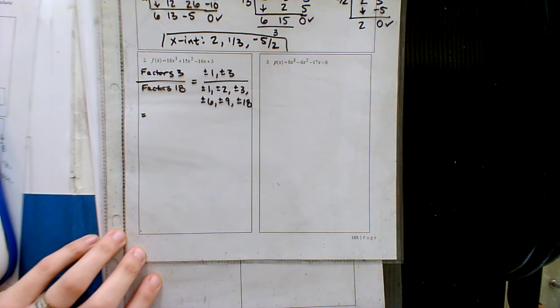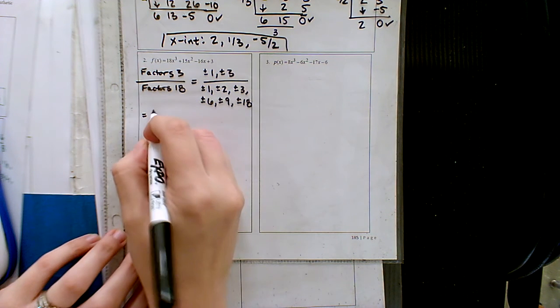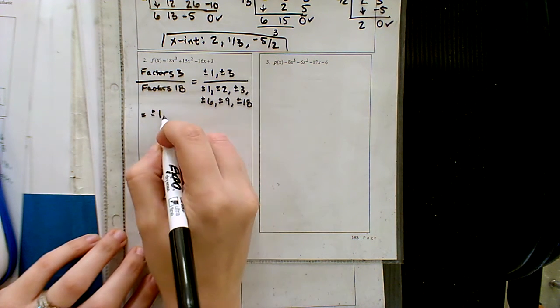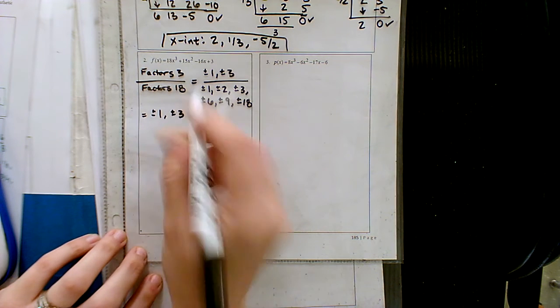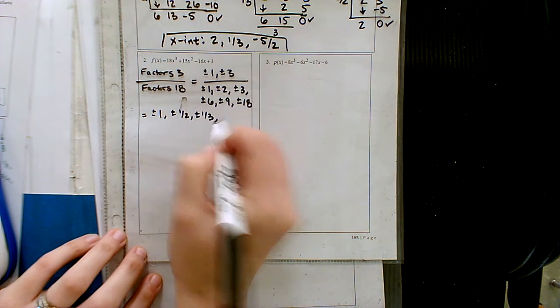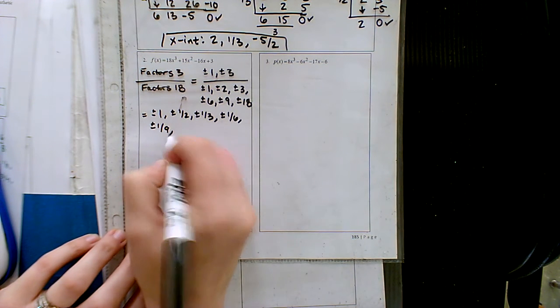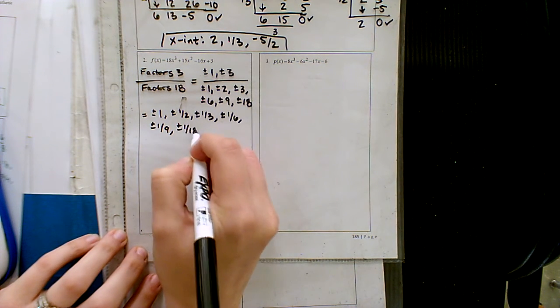All right, let's do the actual division of these factors to get our list of possible fractional x-intercepts. So we'll have 1, 1/2, 1/3, 1/6, 1/9, 1/18.